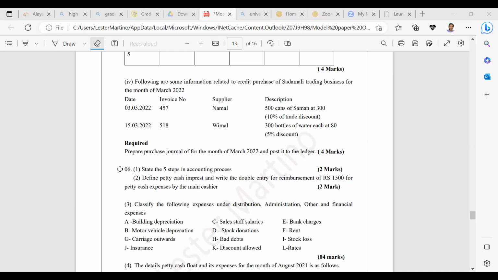So write it down. 31st March. Credited to creditors, debited to purchases.